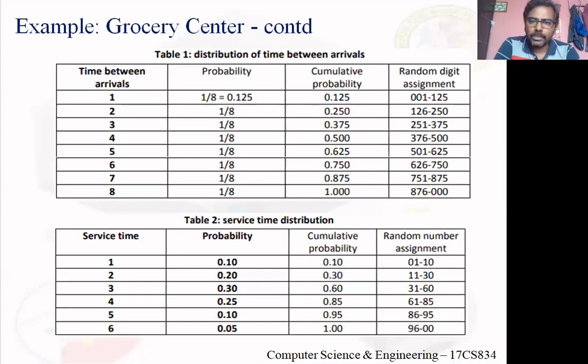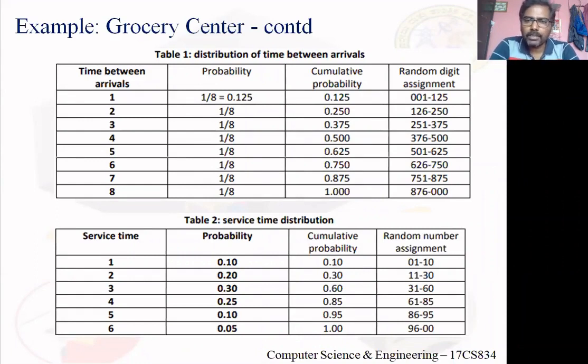I'll repeat how the cumulative probability is computed. The first entry is 0.125. Then you sum the current value with the probability of the next arrival to determine the next value. Initially the first cumulative probability entry is 0.125.